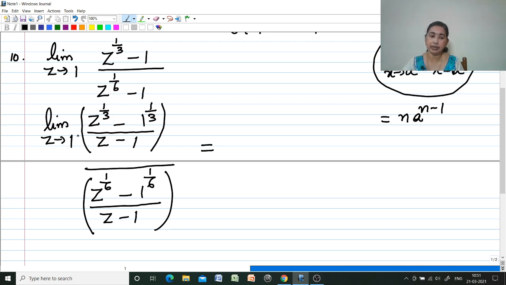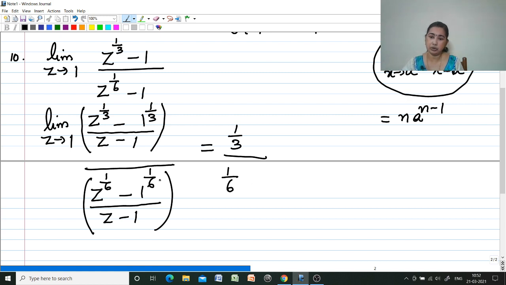So applying the limit, n a raised to n minus 1, where n is 1 by 3 and a is 1, so 1 raised to anything is 1, divided by n equals 1 by 6 into a raised to n minus 1, which is 1 raised to 1 by 6 minus 1. No need of writing that because 1 raised to any number is 1, and this can be written as 1 by 3 into, taking the reciprocal, 6 by 1, which is equal to 2.